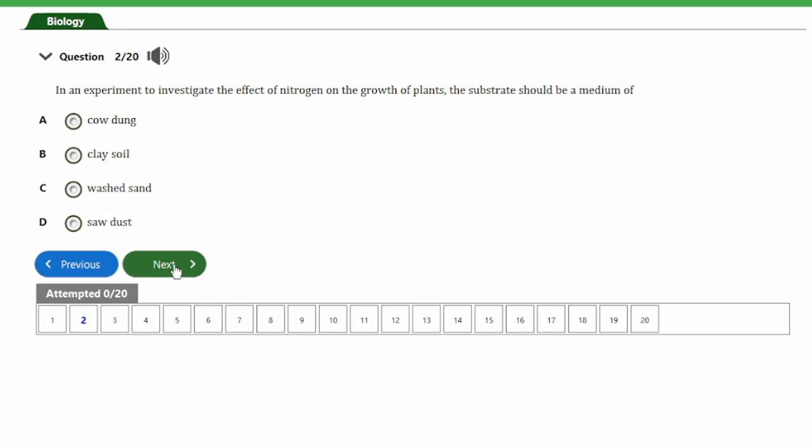This is because in washed sand there are no nutrients, so this will allow the person conducting the experiment to control the amount of nitrogen that the plants receive.